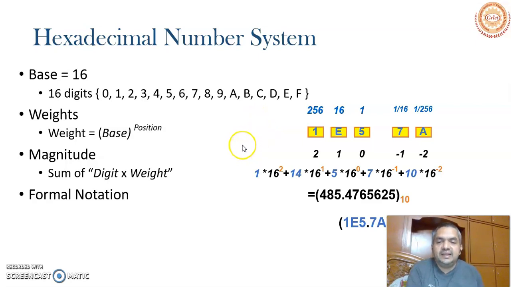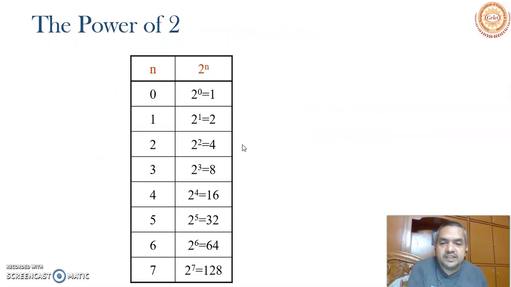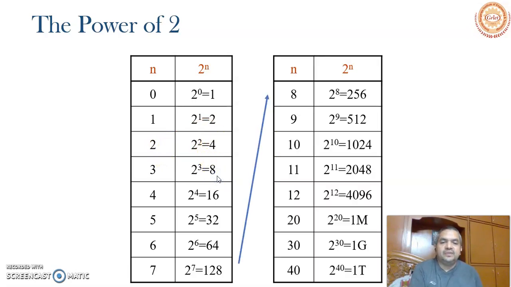So a small example in the binary number system, the weights will be like this. If the number of bits, 0 bits 2 power 0, 1 bit 2 power 1, 2 bits 2 square, value will be 4. Like this it will be in 2 powers, and up to 2 power 10 is 1024, and this is called as 1 kilo.